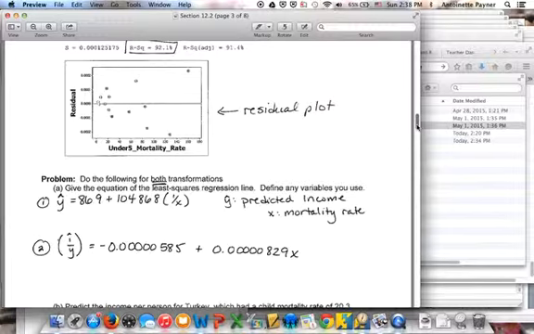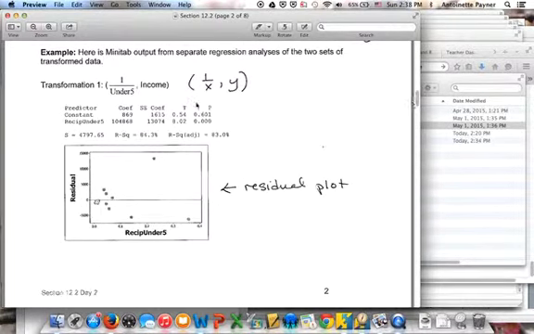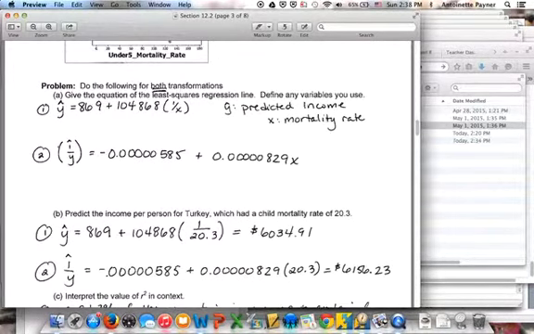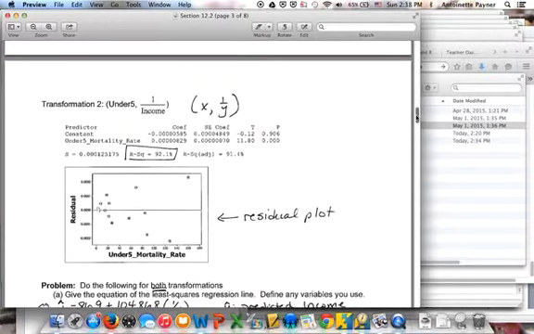Alright, so for both of those transformations, I could create a different regression line. For the first one, when the x is transformed by taking the reciprocal, there's my intercept, there's my slope. So what I wrote here, I still have y hat as my predicted income, there's my intercept, there's my slope, and then instead of x, I have 1 over x because the data has been transformed.